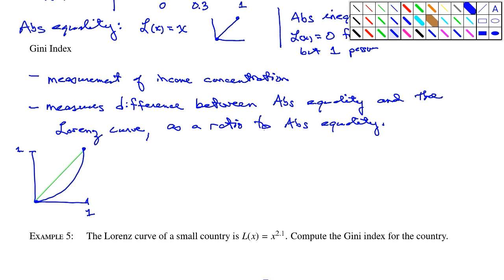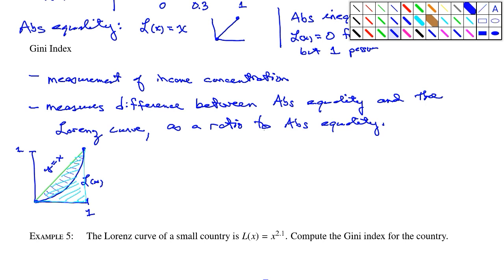And so here's the Lorenz curve. And then here's y equals x. And we're looking at this area here as a ratio of the area formed by the triangle, which is the area completely under y equals x from 0 to 1.